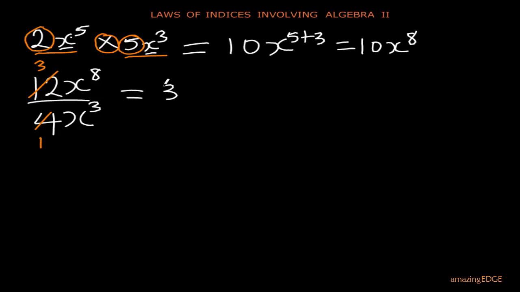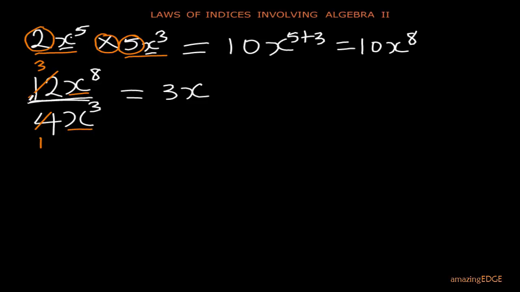Now, we recall that we are left with x at the denominator, and we have x raised to power 8 at the numerator. Because this involves division, the law of indices will also apply, as we know. So this will now give us x, the common base, and this division becomes minus.